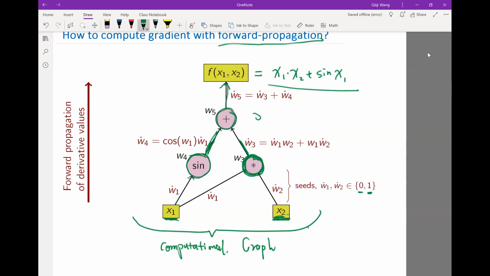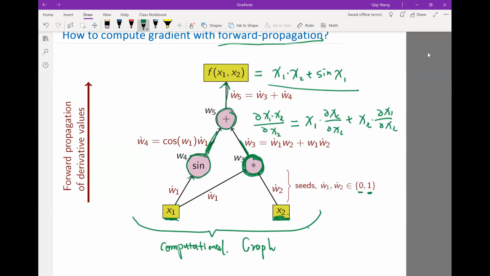So the derivative of x1 times x2, the output of this product, with respect to x2, is going to be equal to the partial derivative of the product, which is basically x1 times partial x2 to x2, plus x2 times partial x1 to x2.